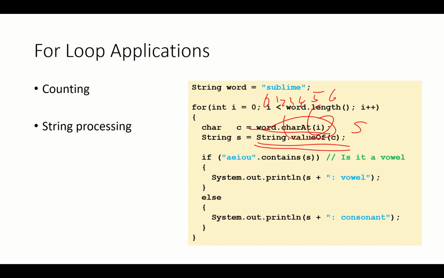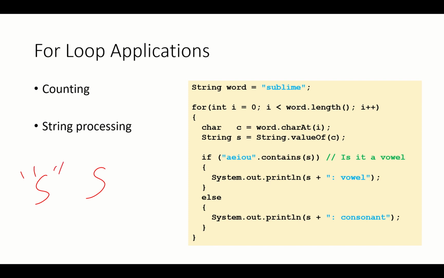We want to convert this character into a string. What's the difference? S, okay? For a char, you only have single quotation marks, and you can only put one character there.